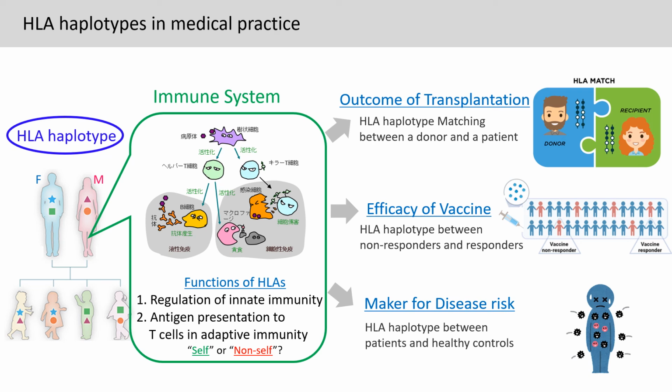In addition, differences in HLA haplotypes cause differences in people in responsiveness to the vaccine. Furthermore, since a lot of HLA genes are associated with human diseases, HLA haplotypes can be used as a disease risk marker and is expected to be useful for disease prevention.